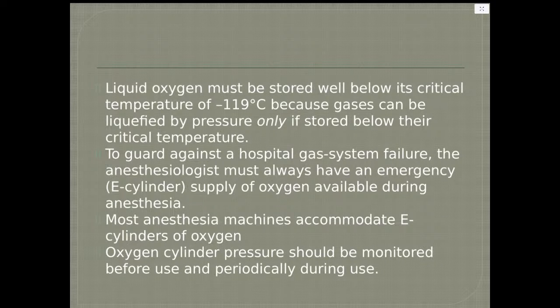The liquid oxygen must be stored well below its critical temperature of minus 119 degrees, because gases can be liquefied by pressure only if stored below their critical temperature. To guard against a hospital gas system failure, the anesthesiologist must always have an emergency E-cylinder filled with oxygen available during anesthesia.